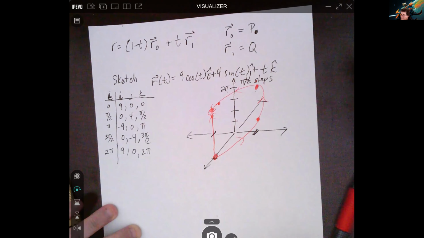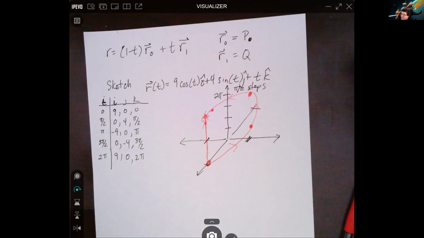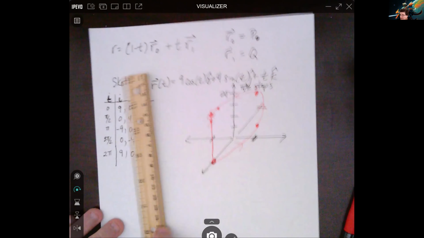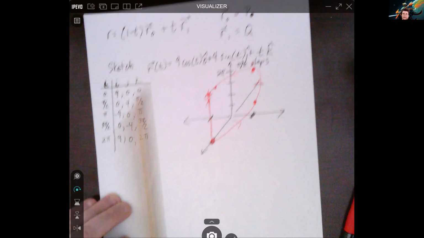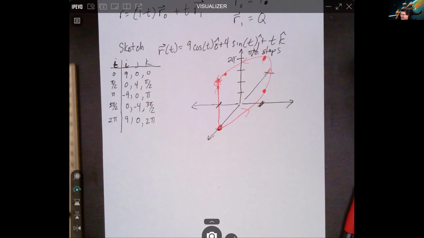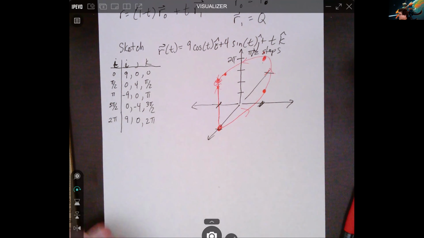If I ignore the Z component, what does this look like? Close to a circle, more like an ellipse. So maybe let's sketch an ellipse.